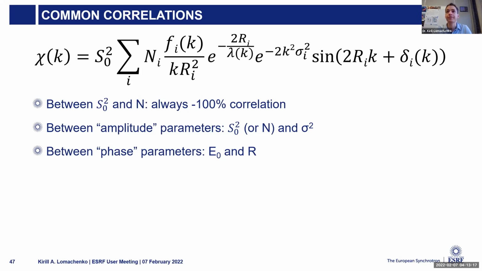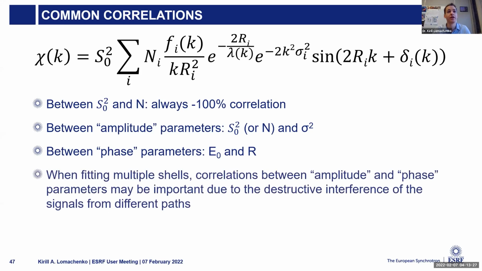So when you have only one shell fitting, sometimes these correlations are quite strong, and that of course increases the error of your fitting and makes the fit less robust. So the solution can be to fit multiple shells, but even then, these correlations can be quite important.